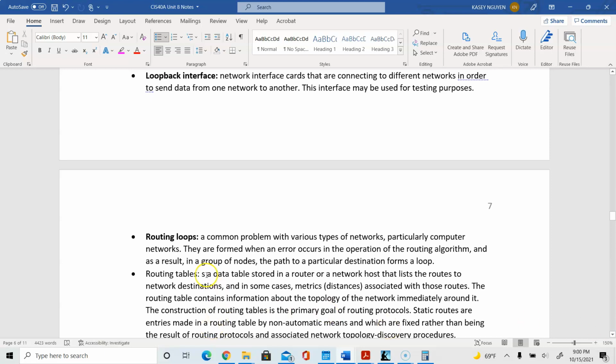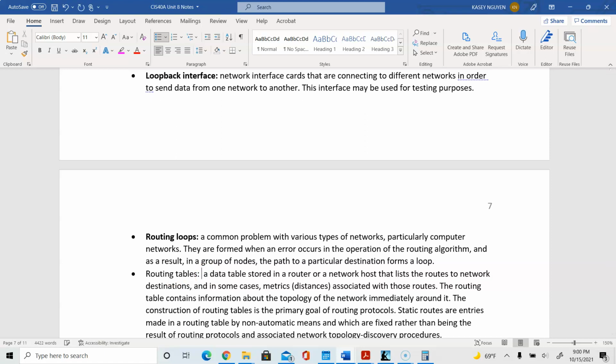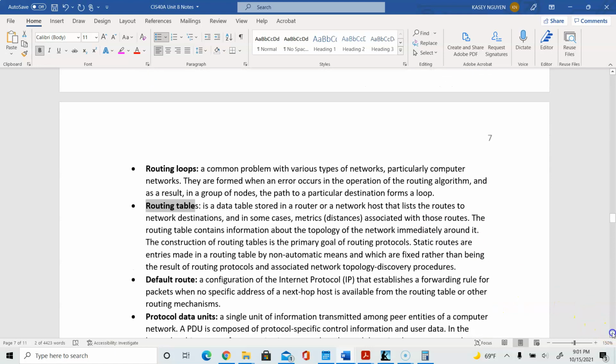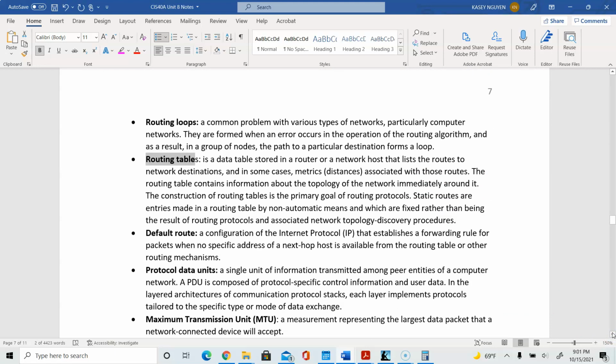A routing table is a table that stores routing information: network hosts, the routes, the destinations, and so on. It can contain static routes, it can contain network topology discovered, and just in general information about the routes.